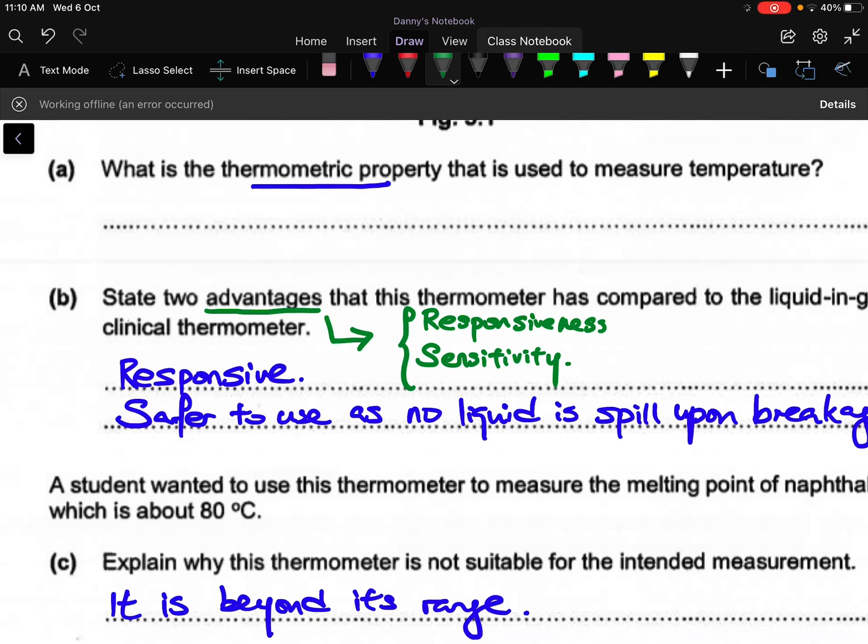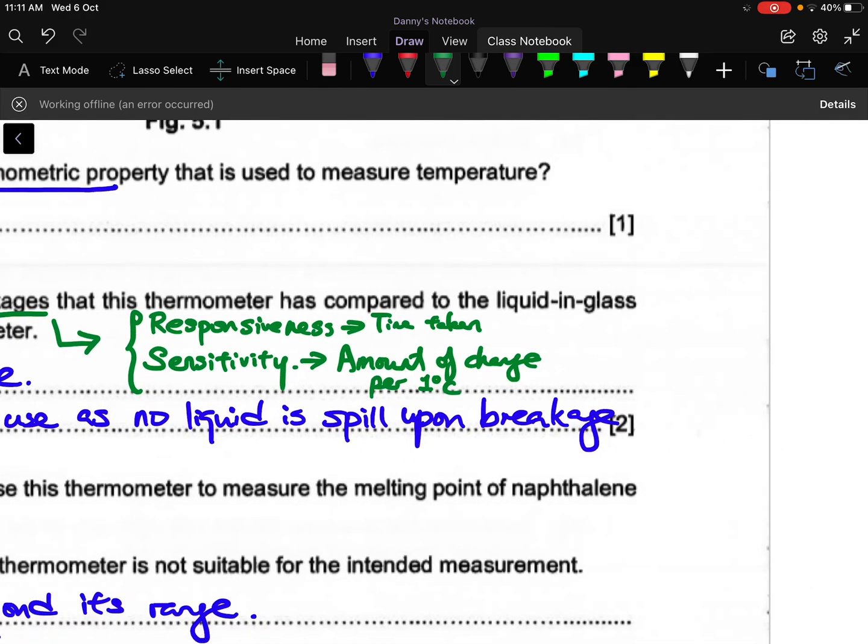So for example, for a 1 degree C change, if thermometer A give me a 1 meter change of height versus thermometer B which give me 1 cm change of height, then I would say that thermometer A will be much more sensitive. So sensitivity is about the amount of change per 1 degree C change of temperature. Responsiveness is about the time taken for the change to happen.